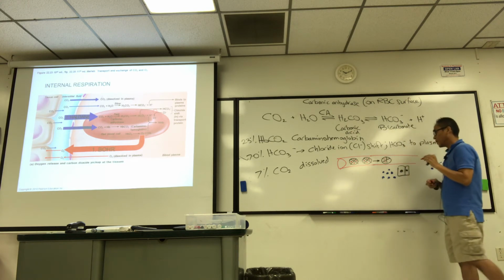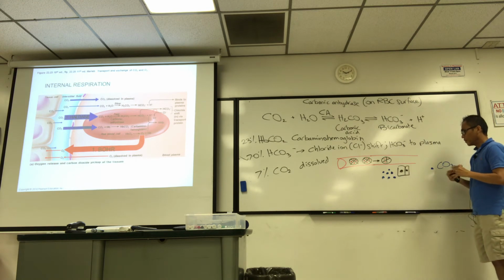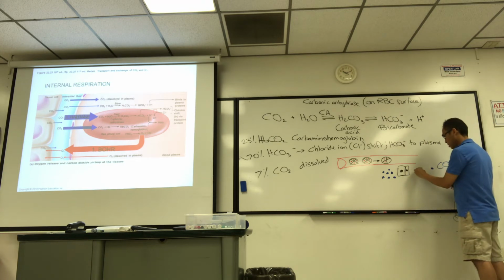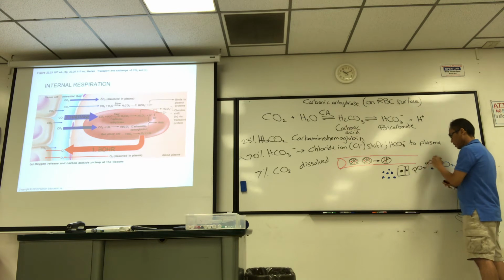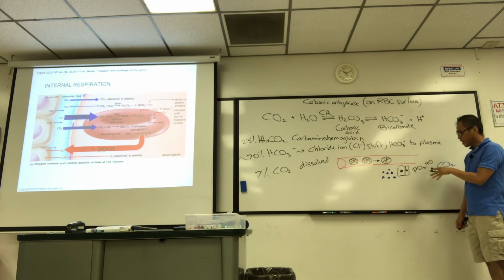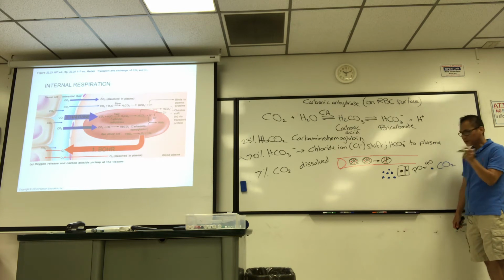Remember the PO2 in the condition of rest when you're reclining at the park? What was it? It was like 40. And we had talked about the saturation at PO2 of 40. It was like 75%, right?